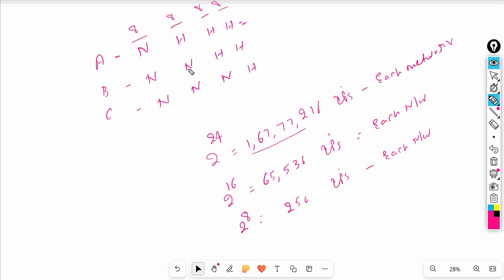If you take class B, you will get only 65,536 IPs for each network, because here we have more networks. In class C, we have even more networks and fewer IPs in each network, only 256.